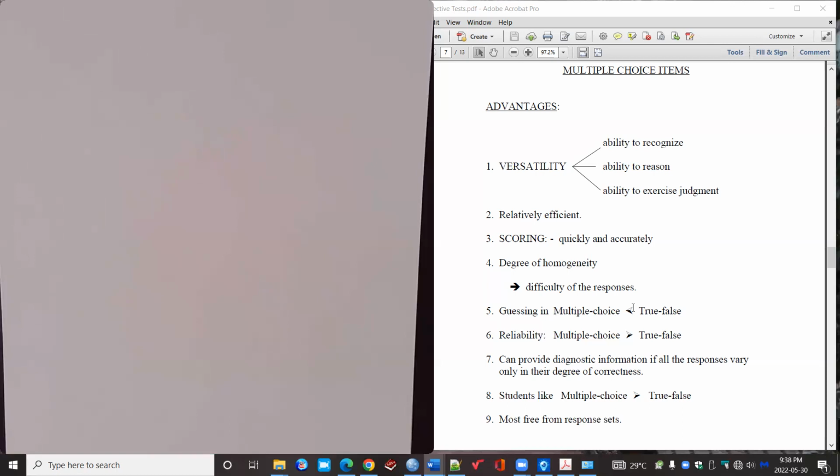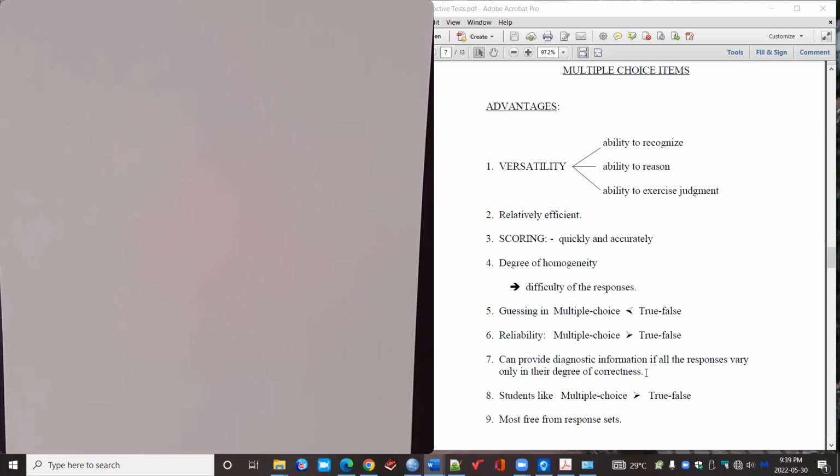Now, guessing: in true false it is 50%, multiple choice a lot less. In a 4 choice multiple choice it is 25%. In 5 choice, it is 20%, right? But true false, 50. Reliability: simply because multiple choice items have more alternatives, it is much more reliable than true false.